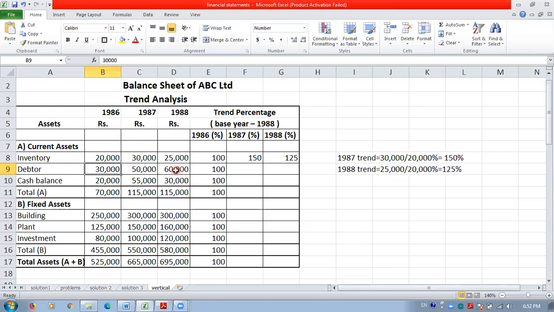And how are we calculating that trend? Suppose this is the second year. While calculating the trend, we are putting the first year figure as the base.